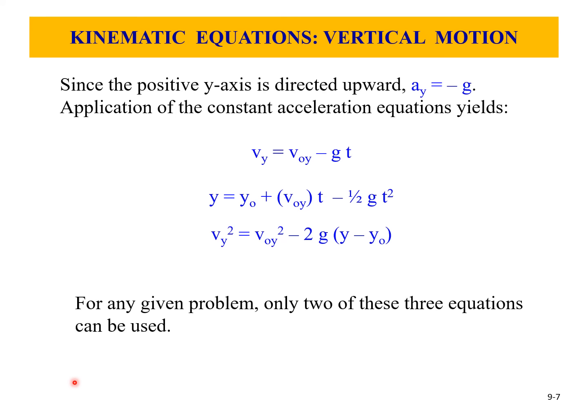For any given problem, only two of these three equations are required in the y-axis because they are not independent. They're dependent variables. So you need only two, and you will select which two to use.